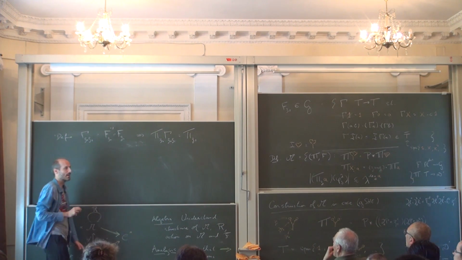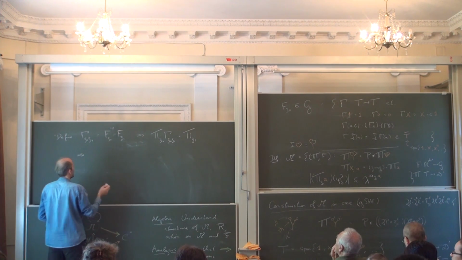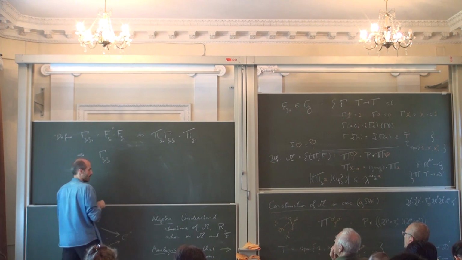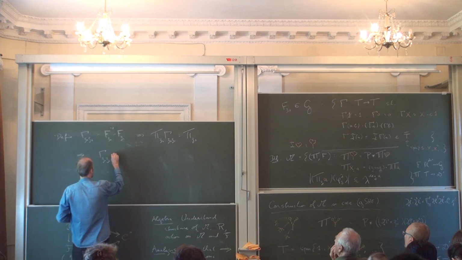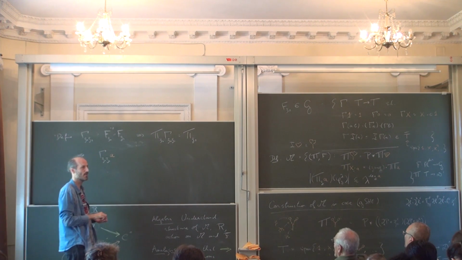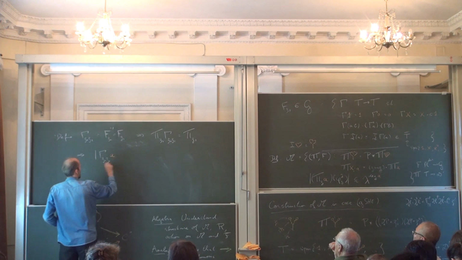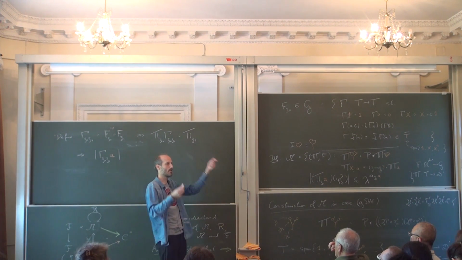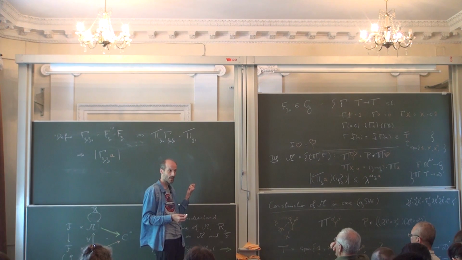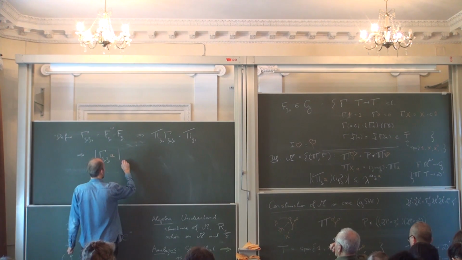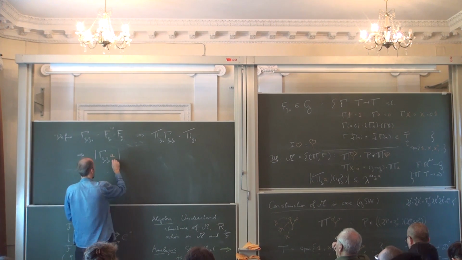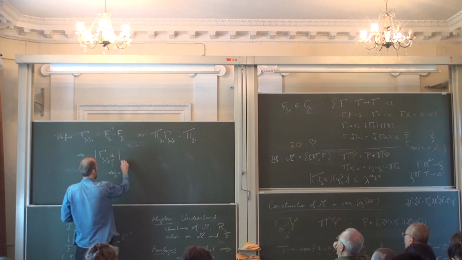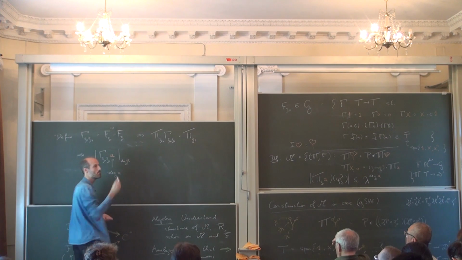So if you define the gamma like this, then it turns out that if you take gamma z0 z1 and you apply it to any of the basis elements of your space, so gamma is a map from T to T. You apply it to an element of T, you get a new element of T. Say that guy has degree alpha, and you look at the component of degree beta.